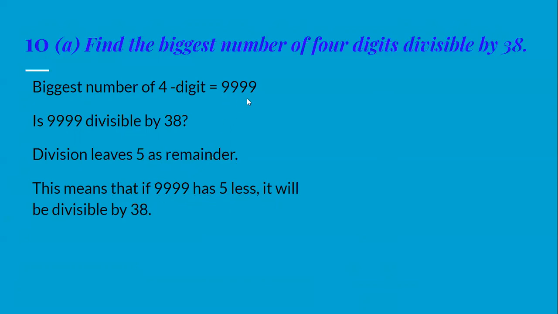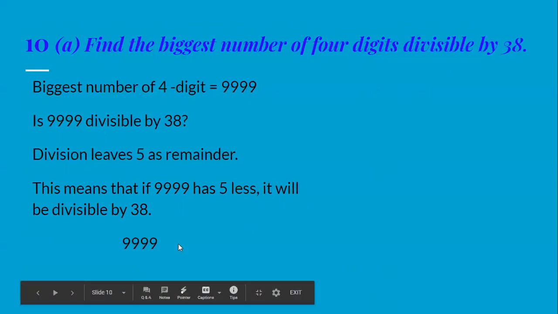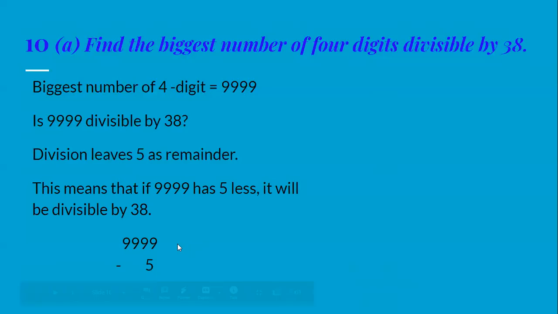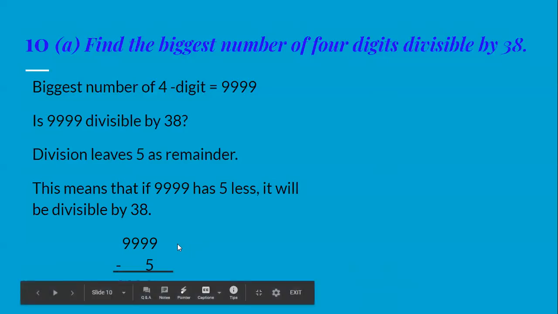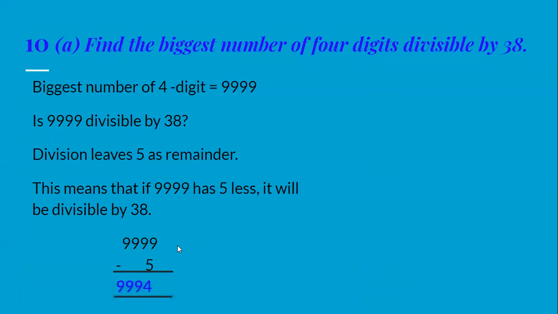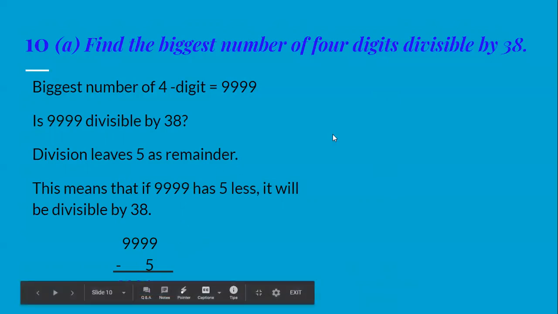If from this number we subtract 5, we will get the number which is divisible by 38. So let us see which number: 9,999 minus 5 is equal to 9,994. So this number is divisible by 38.